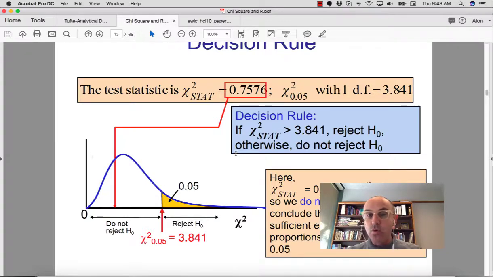So the decision rule is that if it is larger than 3.841, we reject the null hypothesis. Otherwise, we do not reject the null hypothesis.